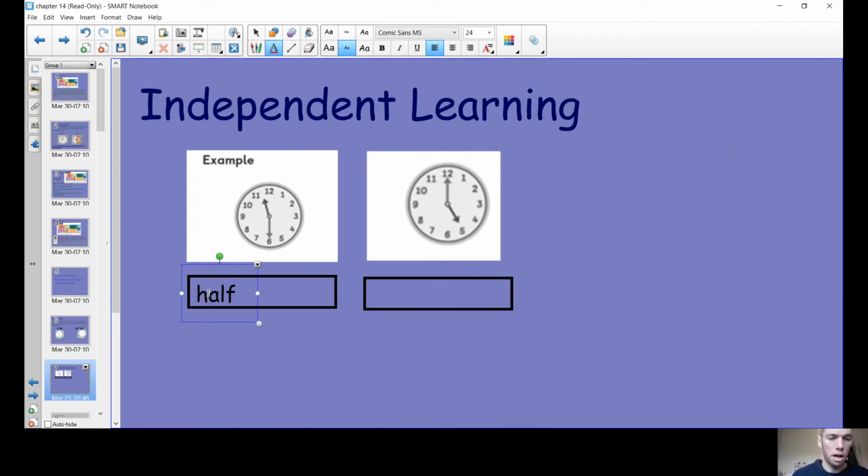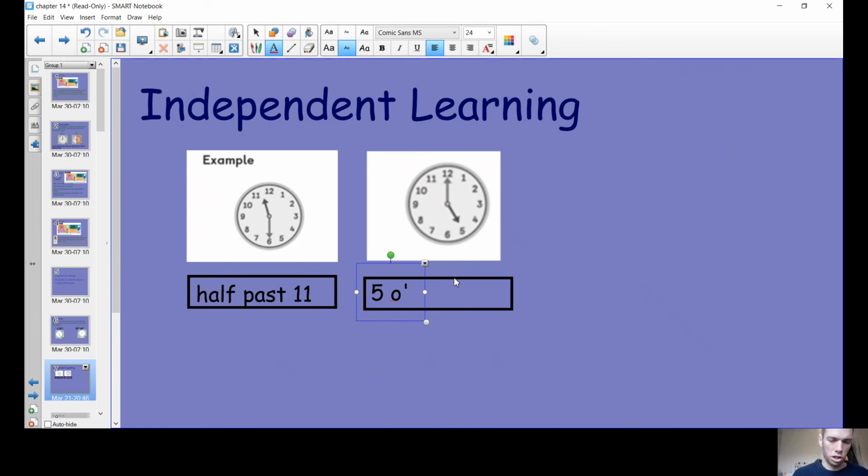So I would write half past, I'm going to write my number 11. Now, when we look at the next clock, our minute hand, the longer one, is pointing all the way up at the 12, so we know it is an o'clock. And my hour hand is pointing to my 5 o'clock. So this time the number comes first. 5 O, and now we use an apostrophe.